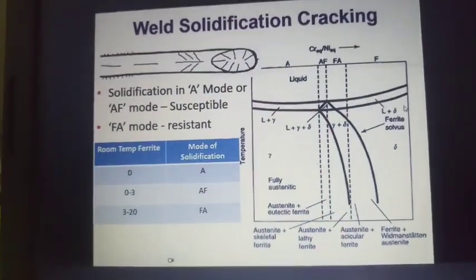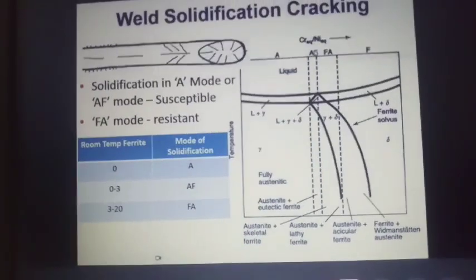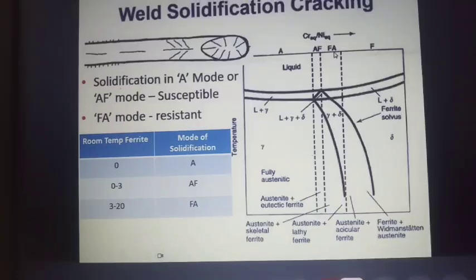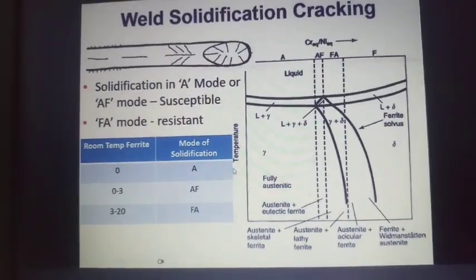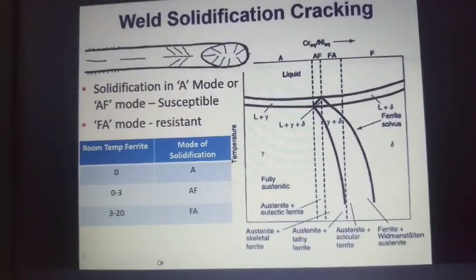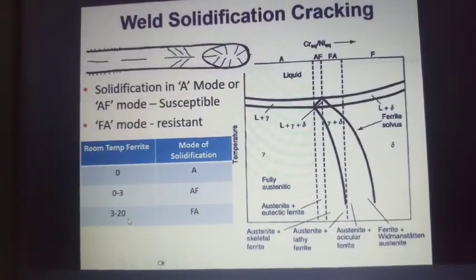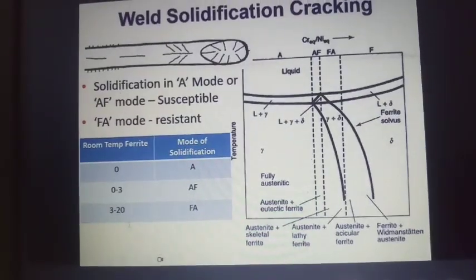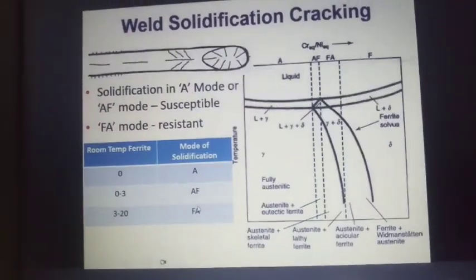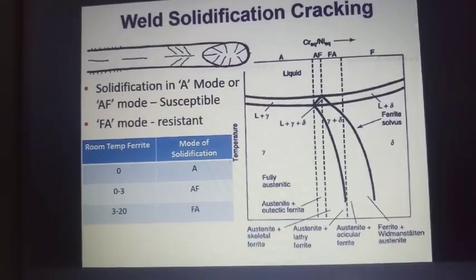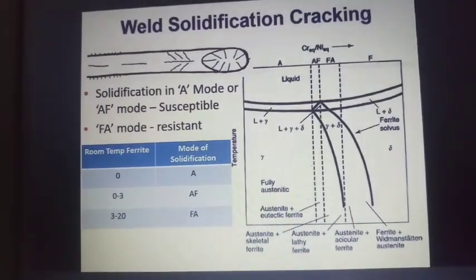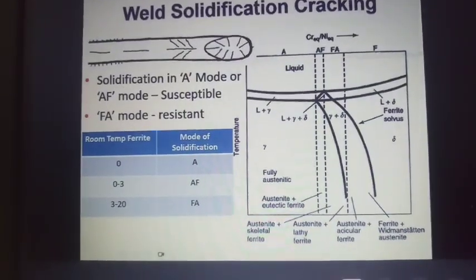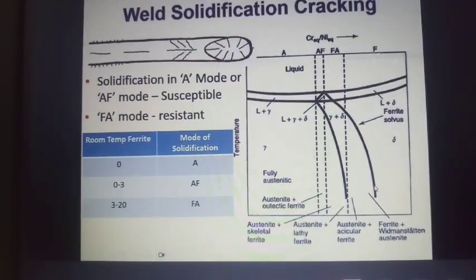One reason is you are solidifying in the austenite mode or austenite-ferrite mode, not in the ferrite-austenite mode. That is why they always want some 3 to 10% ferrite in weld metal. They would have told you that you need a minimum ferrite number of 3 to 10 in weld metal, required to prevent this type of cracking.